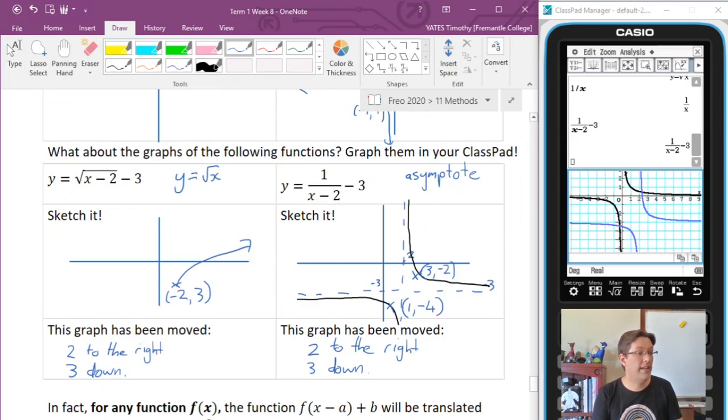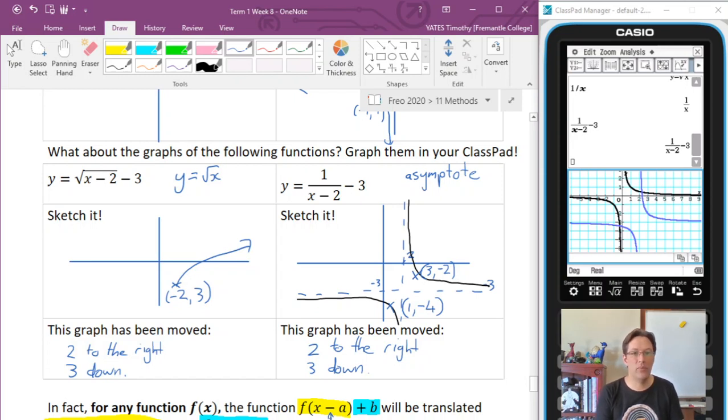Now, in fact, for any function, if I was to do f of x subtract a and then add b onto the end of it, it would be moved a units to the right, and it would be moved b units up. Note that there is a subtraction in here. This is a bit counterintuitive. By subtracting something, we are moving it to the right.